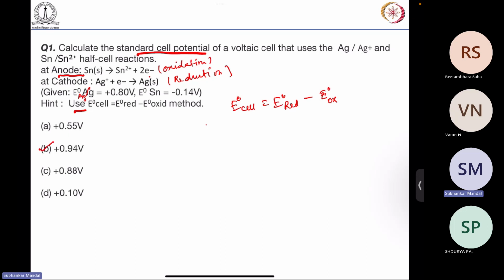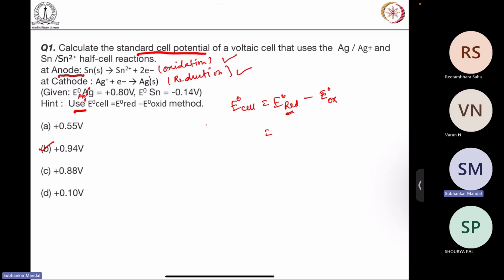So we can do this thing. I have written this is the reduction and this is the oxidation. Which one is the oxidation that is happening? We have to write the reduction potential. When you are writing E oxidation and E reduction, that is the reduction potential.